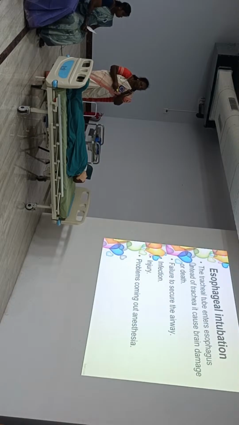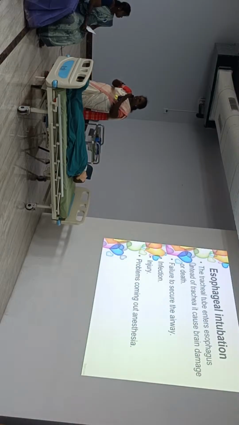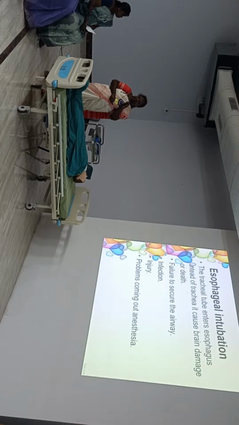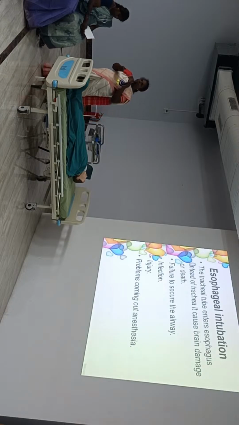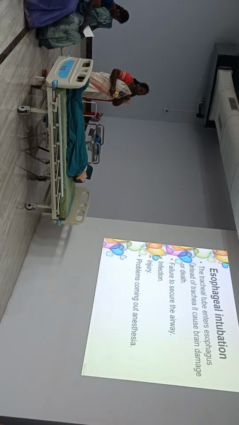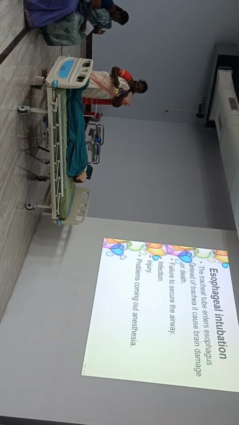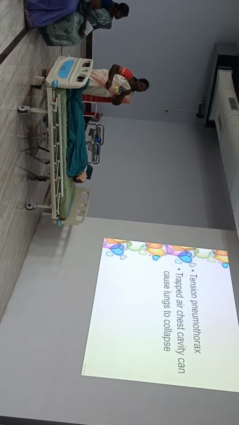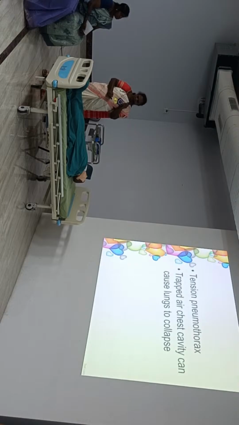So failure to secure the airway, the infection later on. Immediately, if the patient receives an injury, suddenly infection is not possible. Injury is a possibility, so that we do not cause further injury. The problems coming out of anesthesia. The tension pneumothorax: the trapped air in the chest cavity can cause the lungs to collapse.